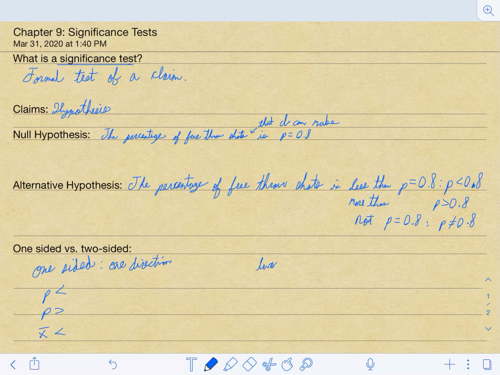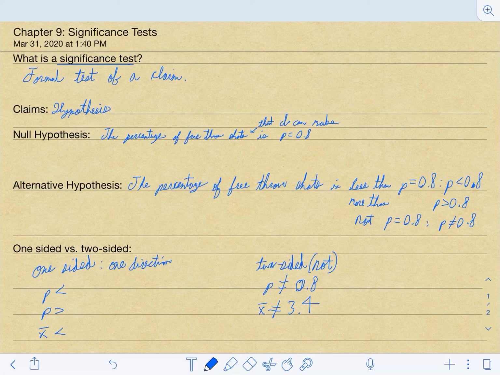Two-sided could be in either direction. And so often with two-sided, we use the word not. P is not 0.8. X bar is not 3.4. The average is not this.